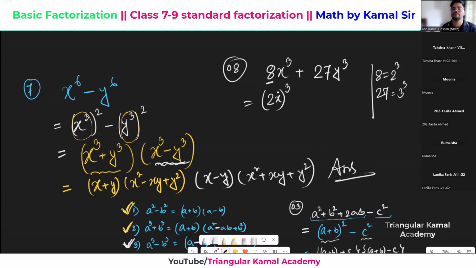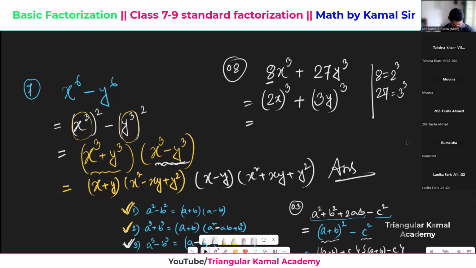This is a. 2 cube means 8, x cube means x cube. Now 27y cube, here we can write 3y whole cube. Now this is the formula format, a cube plus b cube. Now which formula we can apply? Formula number 2, a cube plus b cube.